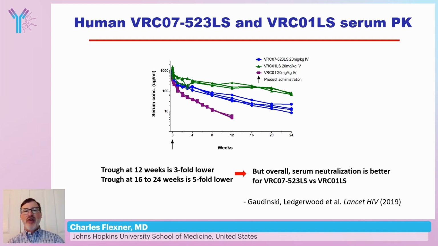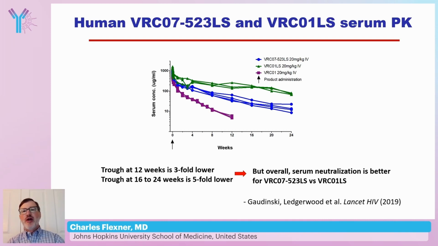But if you compare that VRC01 unmodified antibody to the VRC01 that now has a leucine-serine mutation in the FC binding domain, VRC01LS in the green at the top of the figure, you can see a greatly increased concentration profile over time, reflecting reduced clearance and a much greater plasma half-life.